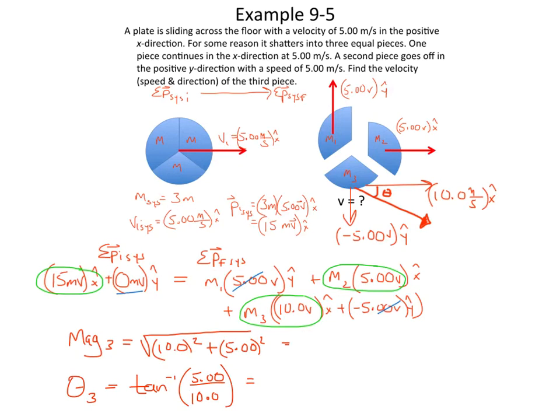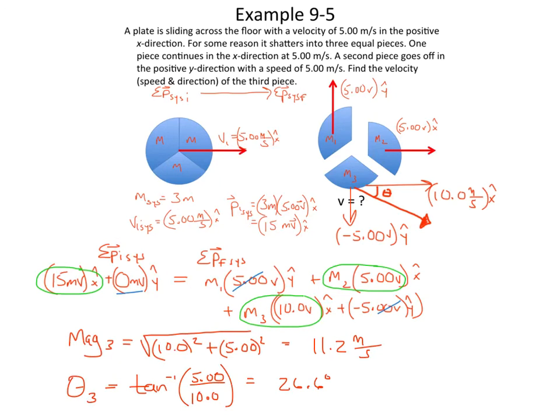10 squared plus 5 squared, square root of that, I got 11.2 meters per second. Okay. At what angle? All right, well, we'll do the inverse tangent of 5 over 10. That's going to be 26.6 degrees.